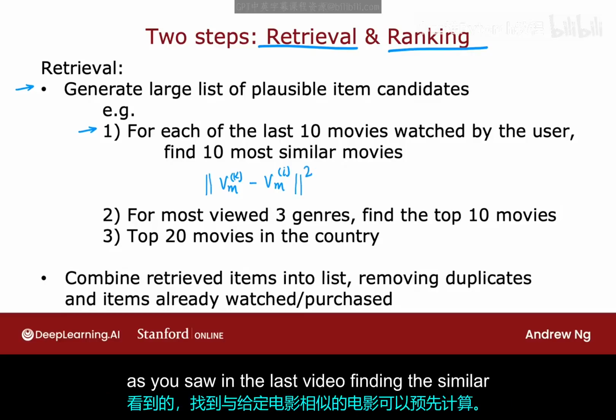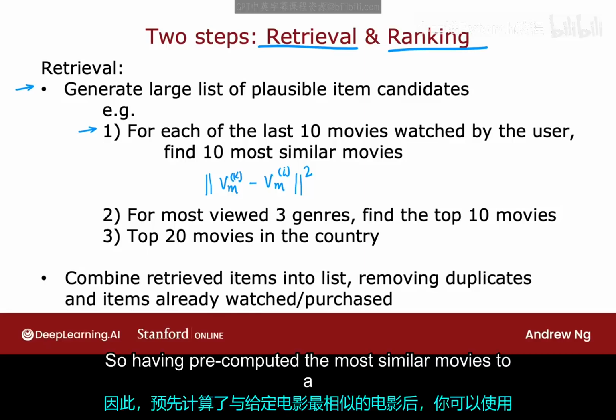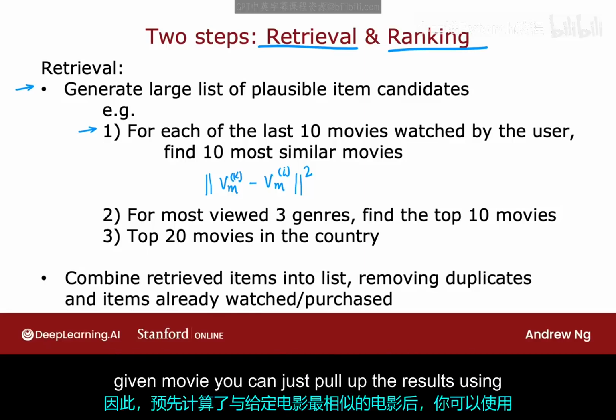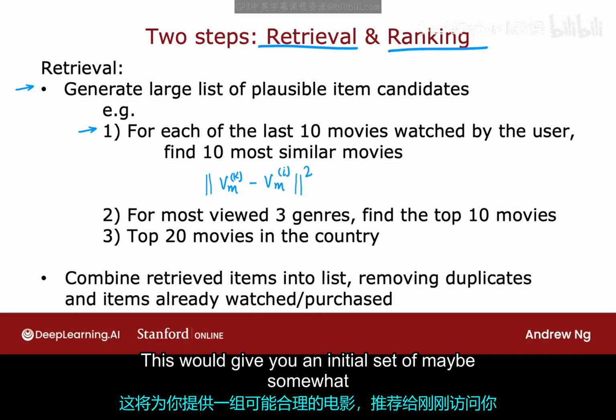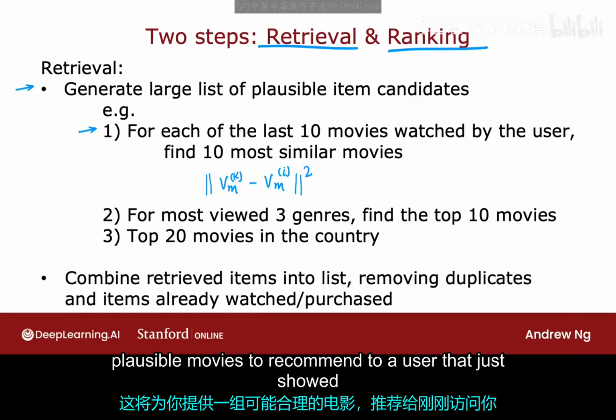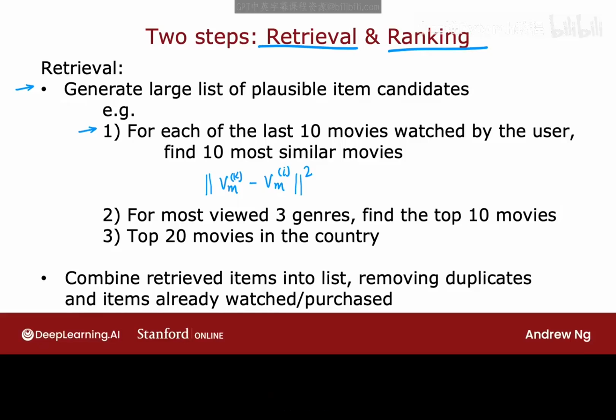And as you saw in the last video, finding the similar movies to a given movie can be pre-computed. So having pre-computed the most similar movies to a given movie, you can just pull up the results using a lookup table. This would give you an initial set of maybe somewhat plausible movies to recommend to a user that just showed up on your website.